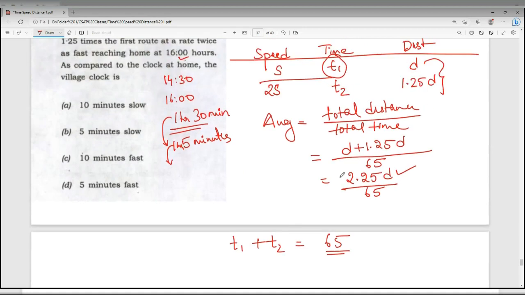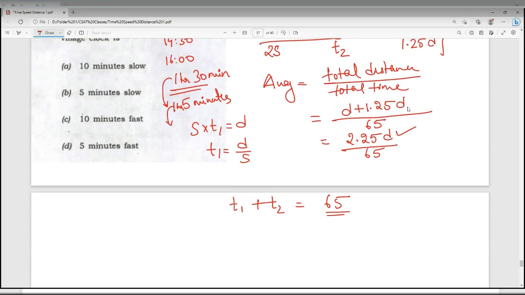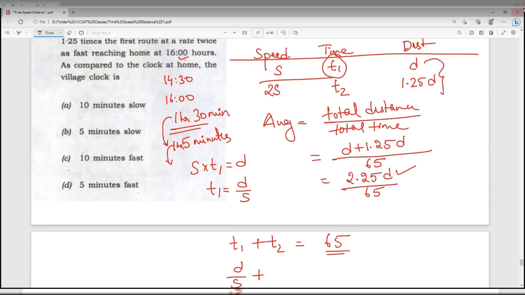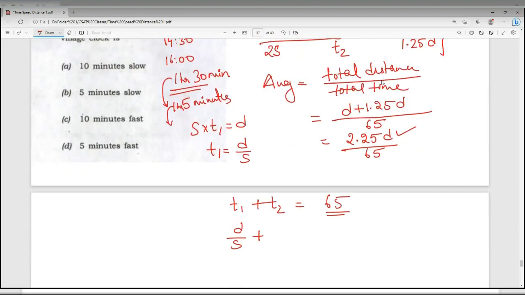We know that S into T1 is equal to D, and T1 is D by S. So we can substitute T1 and T2 here. T1 is D by S, plus T2, where the distance is 1.25D, upon 2S.